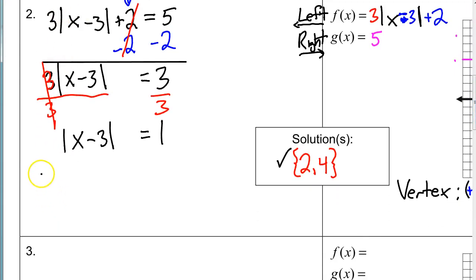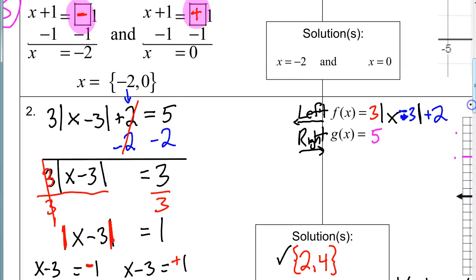Break it up into two equations. X minus 3 equals -1 and +1. And you notice how there's no more absolute value here. So that's the trade-off. To get rid of these two, they turn into a negative and a positive sign. And then go ahead and solve.